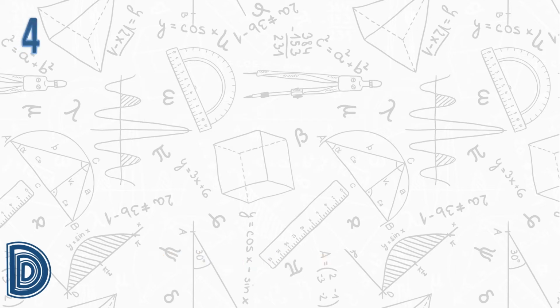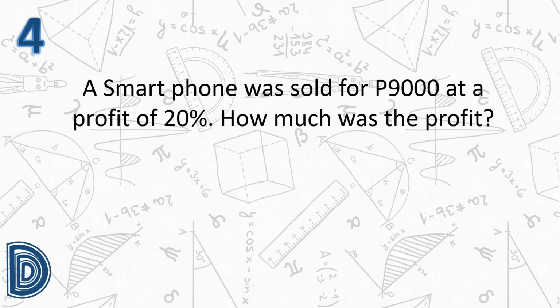Question number 4. A smartphone was sold for 9,000 pesos at a profit of 20%. How much was the profit? Again, a smartphone was sold for 9,000 pesos at a profit of 20%. How much was the profit?